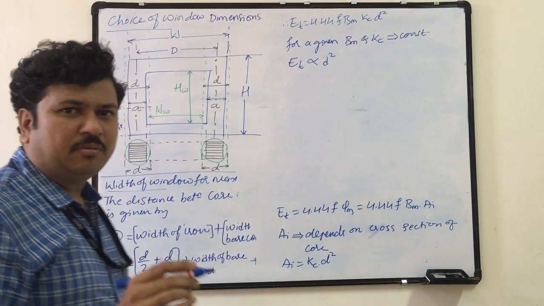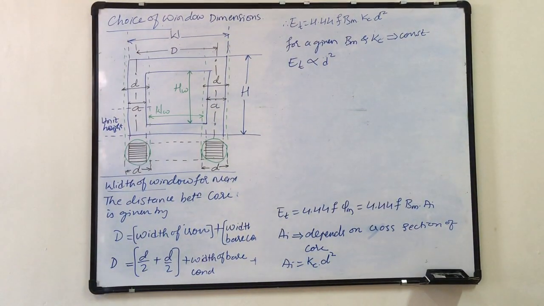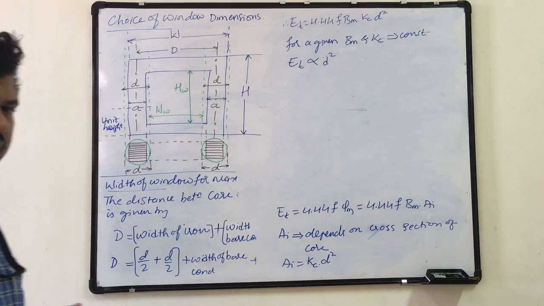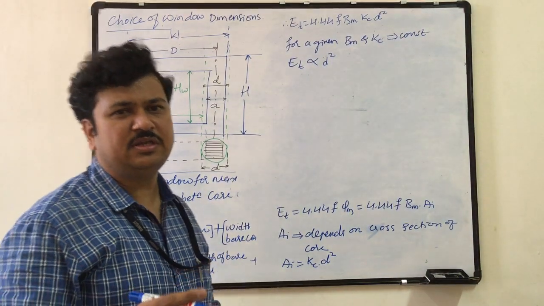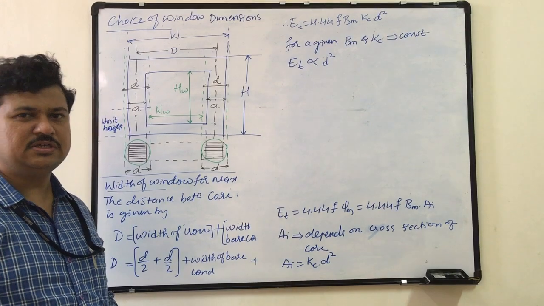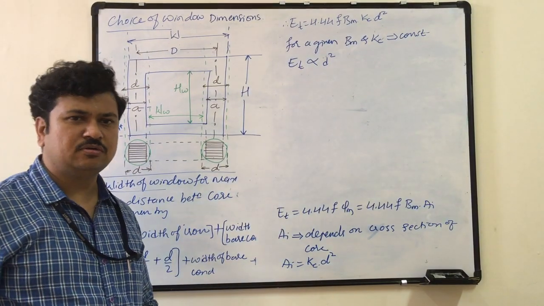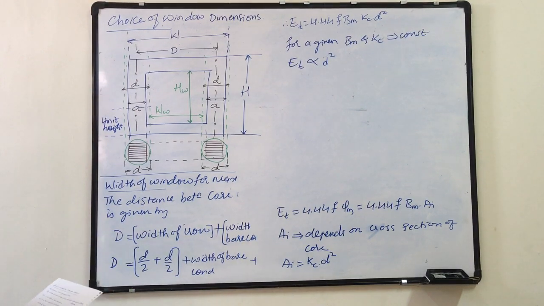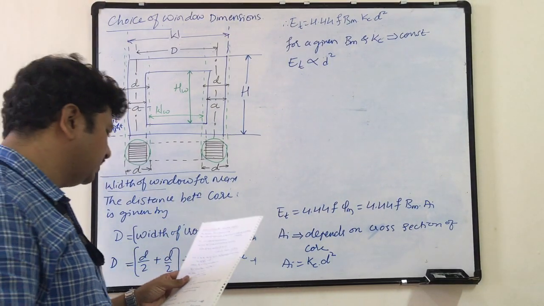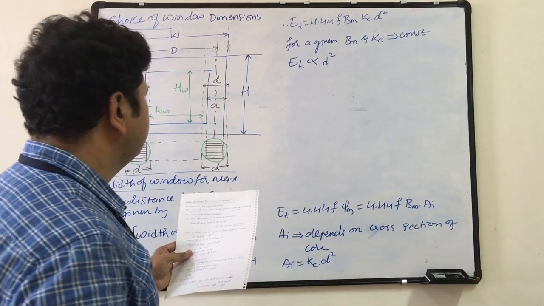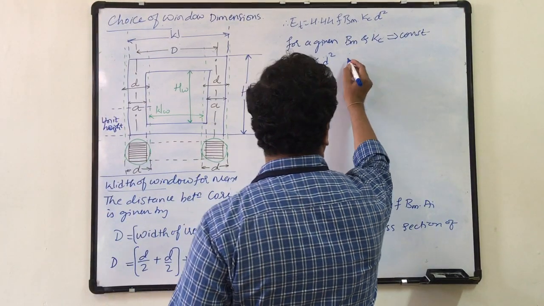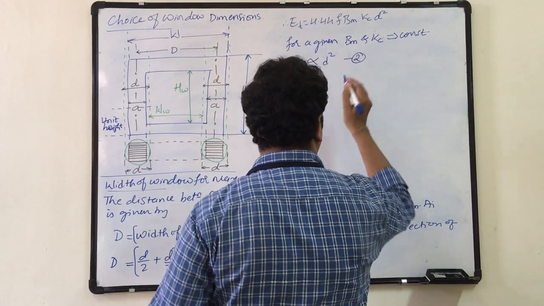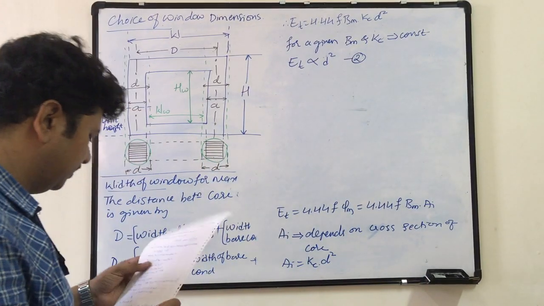Because once I choose the number of steps, Kc remains constant, and when I have to start the design, I should be assuming some suitable value of flux density, so that will remain constant throughout my operation. So therefore Bm also remains constant. So therefore ET is proportional to d square. So let us take this as equation 2.